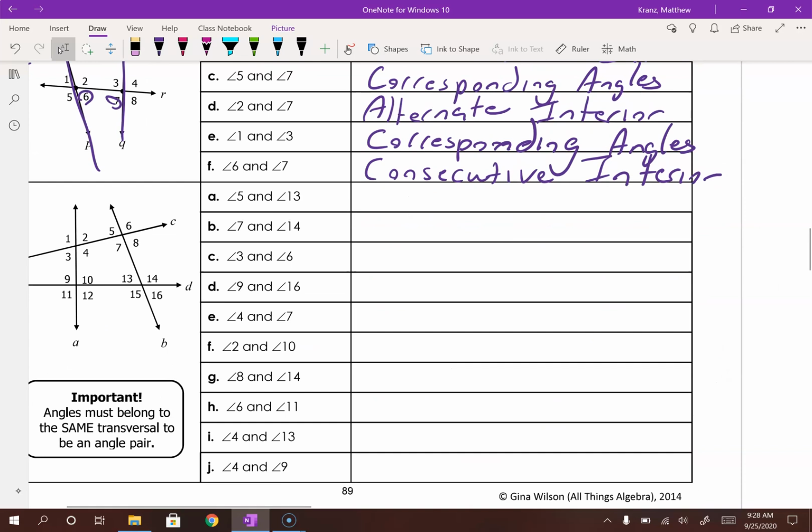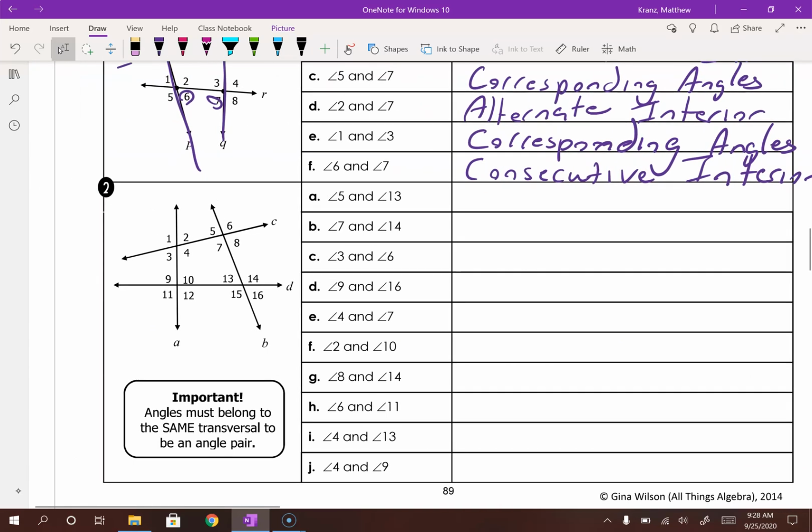All right. Moving on to these ones down here. Okay, 5 and 13, those are corresponding. They're in the top right. 7 and 14, those are alternate interior.